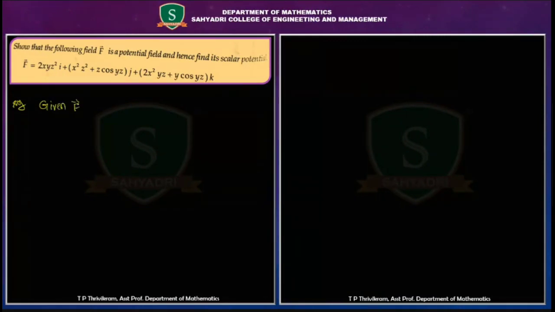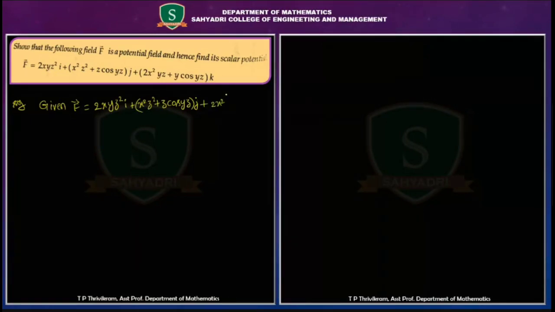Given vector f is equal to, just write it: 2xyz square i plus x square z square plus z cos yz into j plus 2xz square, x square yz plus y cos yz into k.